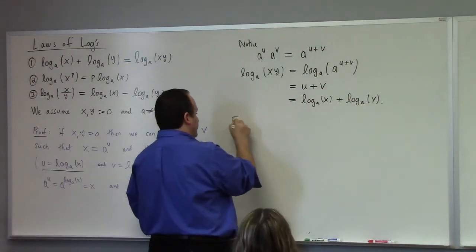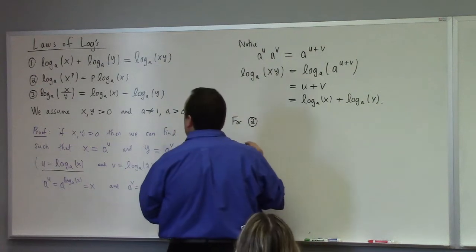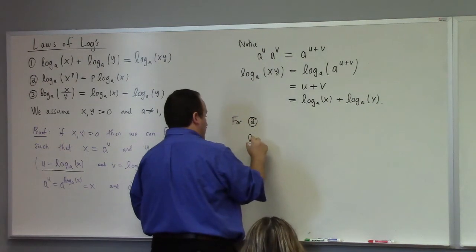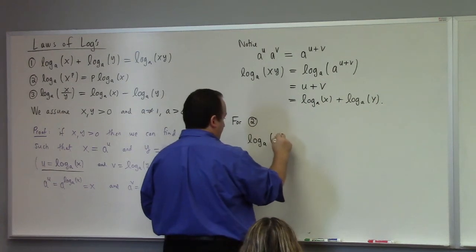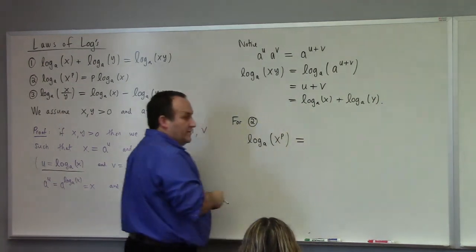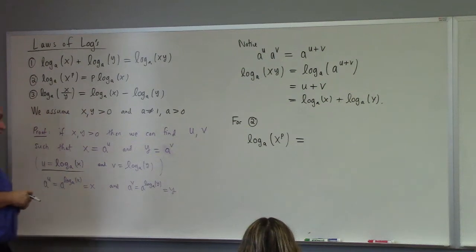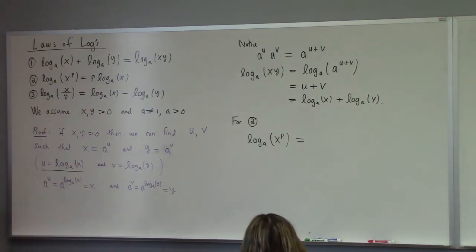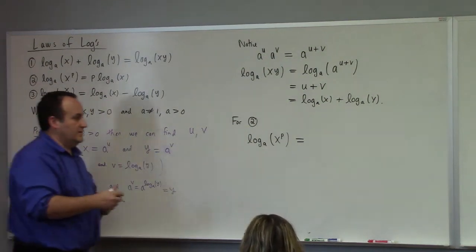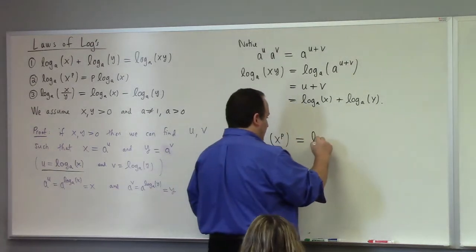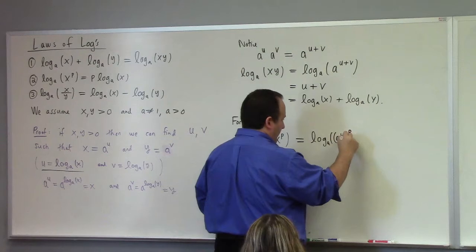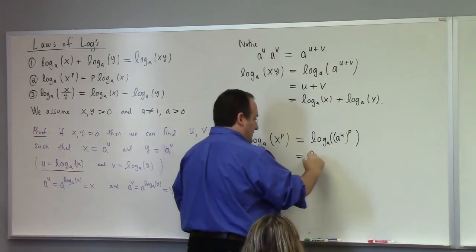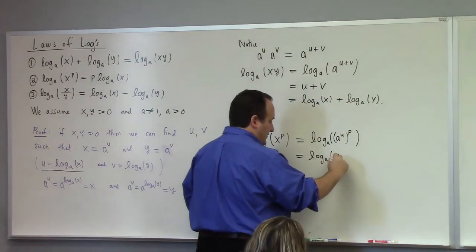For number 2, let's look at log base a of x to the p, right? I can follow the proof I was just doing. What did I say x was equal to? A to the u, right? So I can rewrite that as log base a of a to the u, to the p power, which by laws of exponents is a to the up.